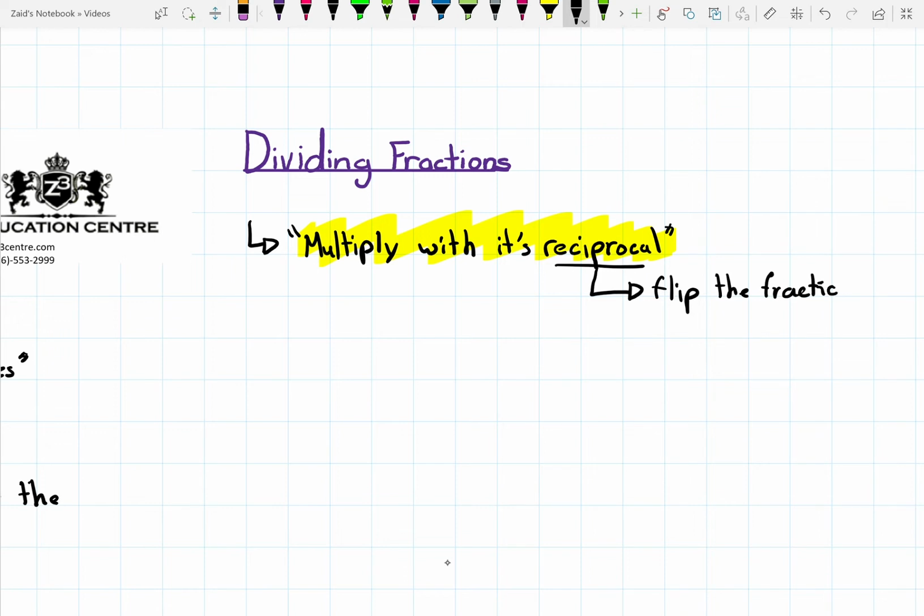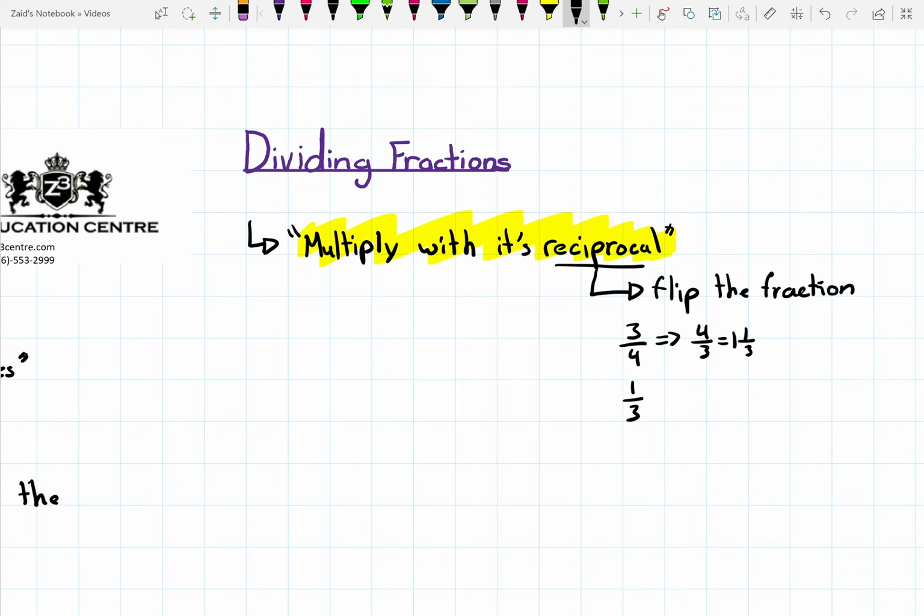So, an example of that can be 3 out of 4; the reciprocal of that is 4 out of 3, or even as a mixed number, 1 and 1/3. Now let's say we had 1 over 3.